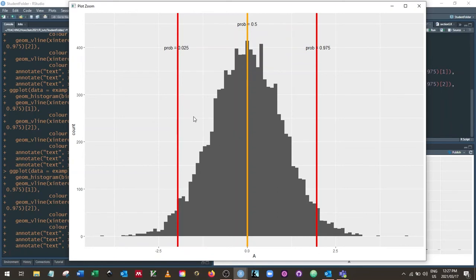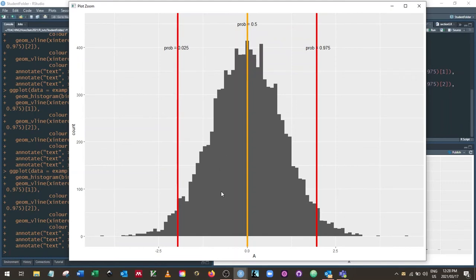This is the 2.5th percentile. So 2.5% of values are below this line in this gray area. And so if I draw any value that is in my sample from the bag, the probability that that value actually falls inside this area is 2.5%.